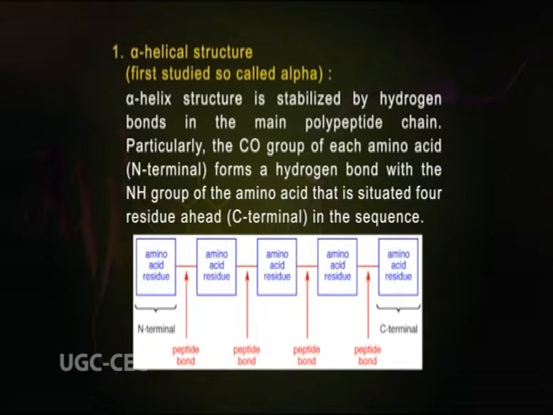Alpha helix structure is stabilized by hydrogen bonds in the main polypeptide chain. Particularly, the CO group of each amino acid toward the N-terminus forms a hydrogen bond with the NH group of the amino acid that is situated 4 residues ahead, meaning towards the C-terminus in the sequence.